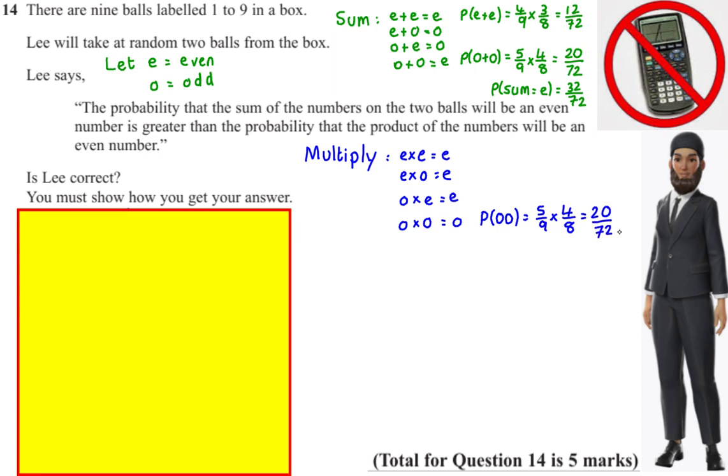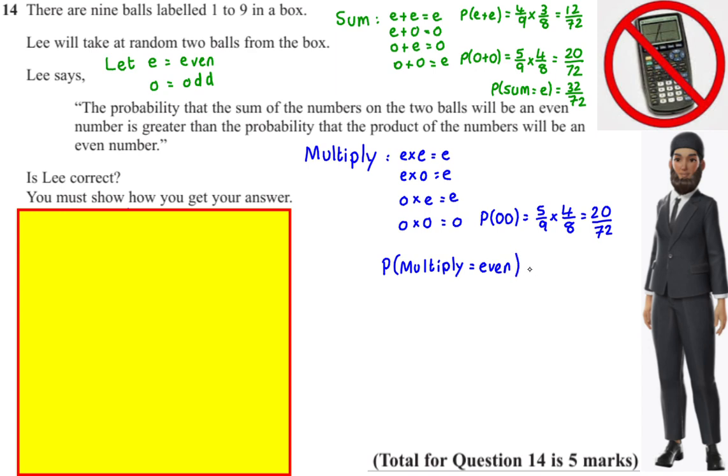Now this isn't quite our answer because we're not interested in the odds. We're interested in the probability of the product being an even.